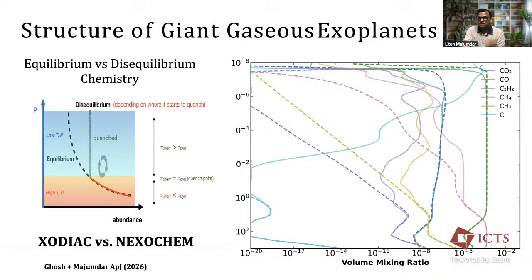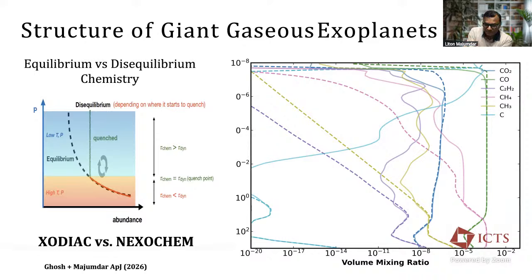So if you don't have a clear understanding of how disequilibrium chemistry is operating in planetary atmospheres, the measurements and compositions that you are deriving today may not give you the full perspective about what physics is happening, right?